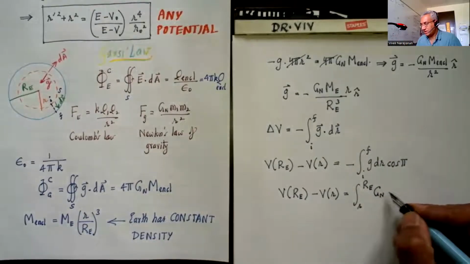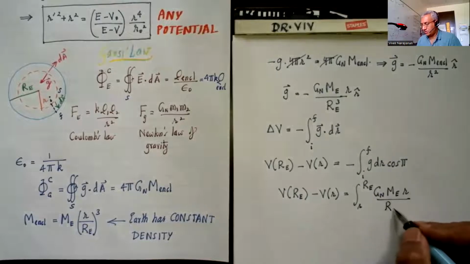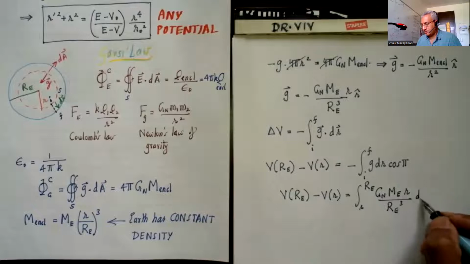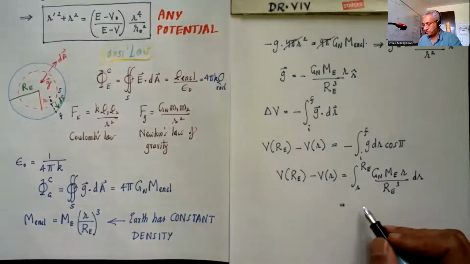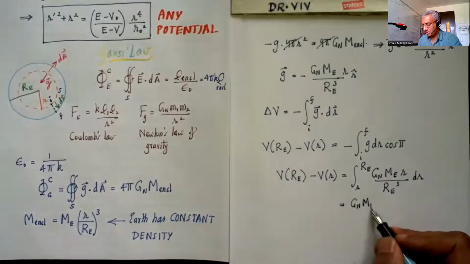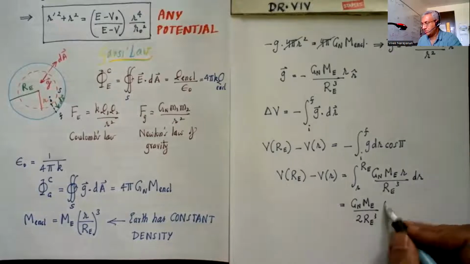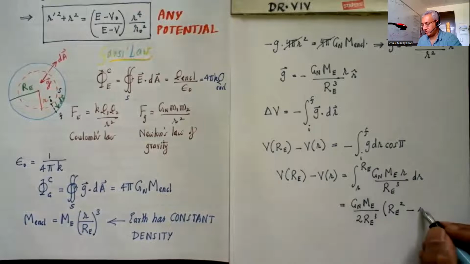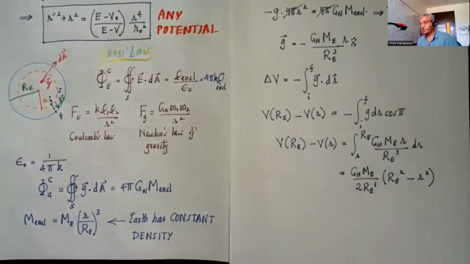So I get G_N M_e r over R_e cubed dr. r dr, one of the simplest integrals in the world, is just r squared over 2. So let me write that. This is G_N M_e over 2 R_e cubed, r squared at the upper limit minus the lower limit. All right.